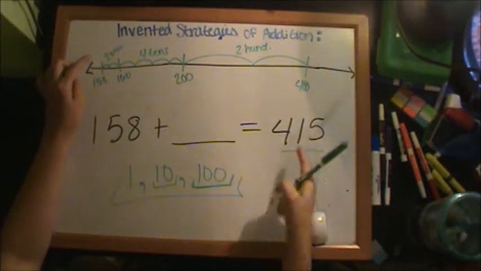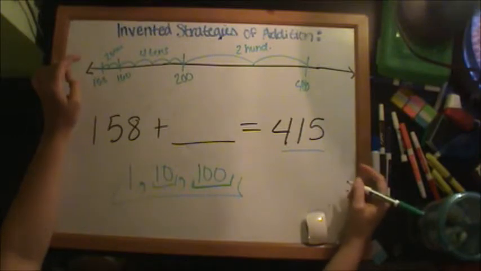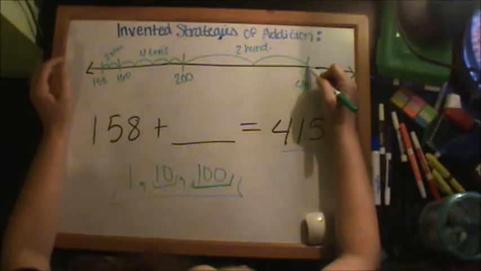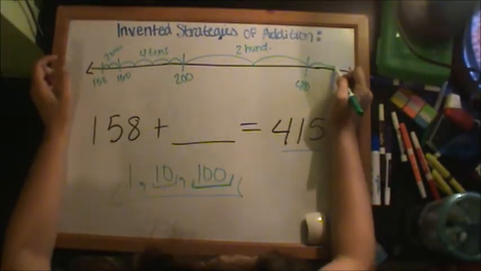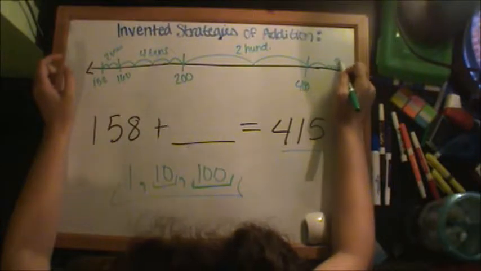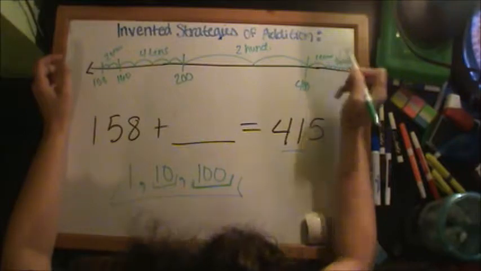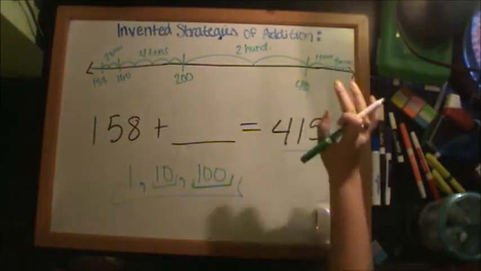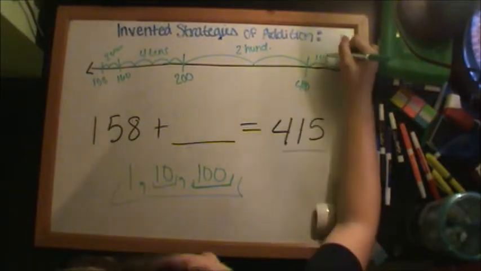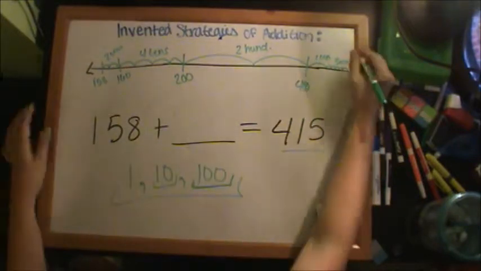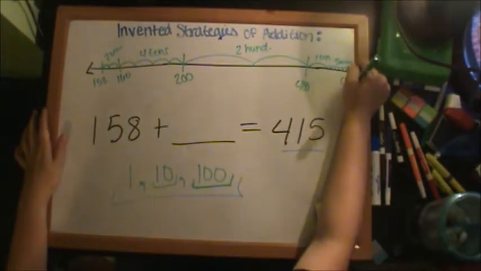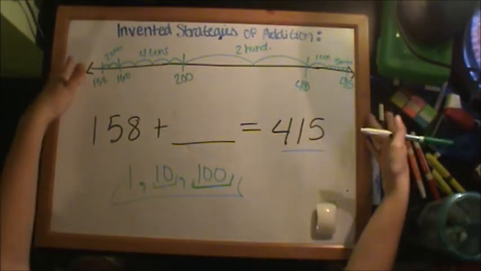Okay, so now I'm at 400. I need to get to 415. The easiest thing to do is add 1 ten and 5 ones. At least for me, that seems to be the easiest, but there are many ways you can do this.